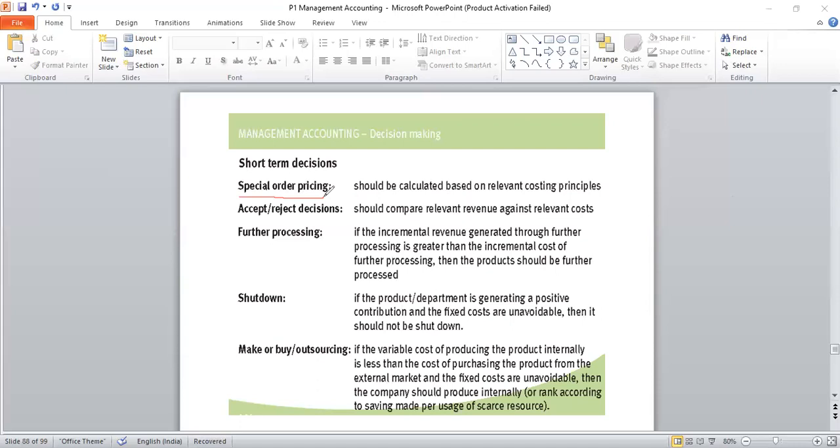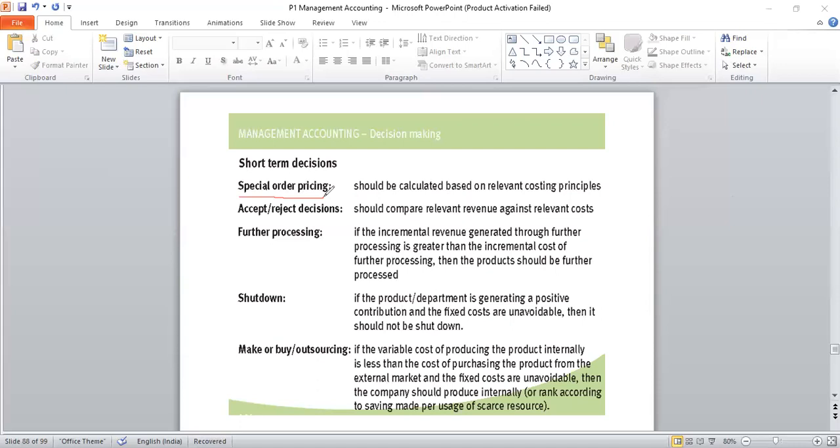How does it work out when the same product is sold to all the regular customers at the regular prices? Why would the special order be offered at a discounted price? Most of the time it is at a discounted price, not the regular price. That's why we call it a special order price.